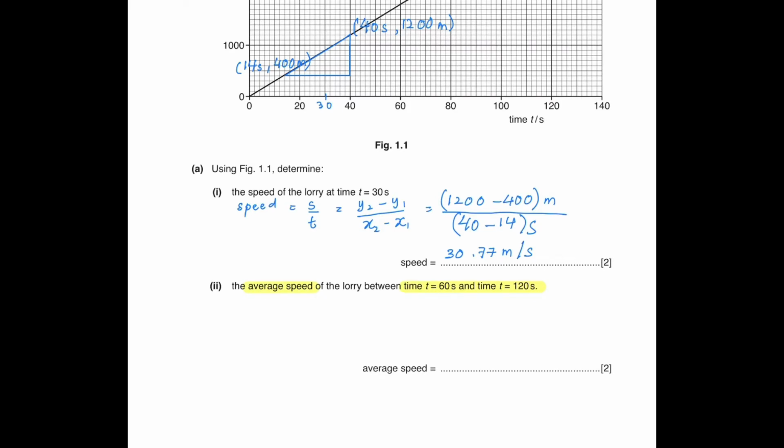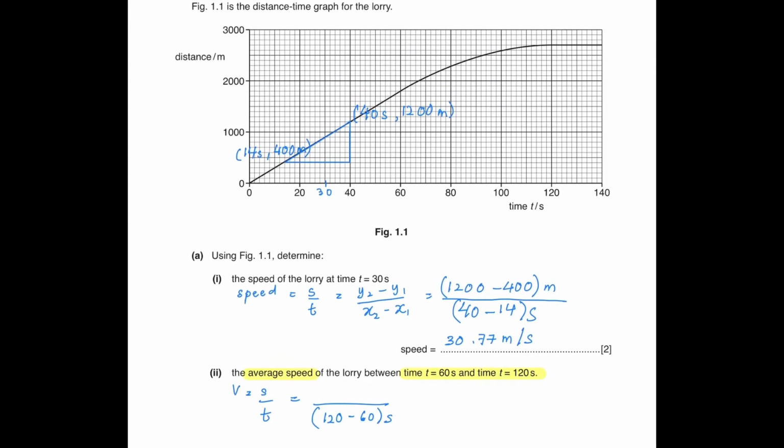So again, formula of speed is v equals to s per t. Then our t is 120 minus 60 seconds. So what is the distance at t equals to 60 seconds and t equals to 120 seconds?